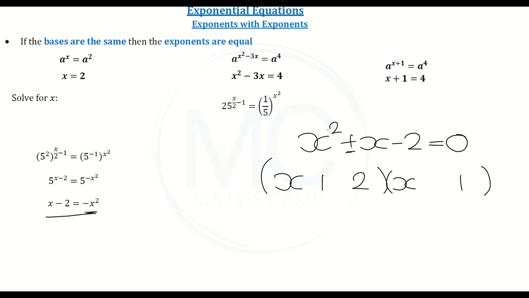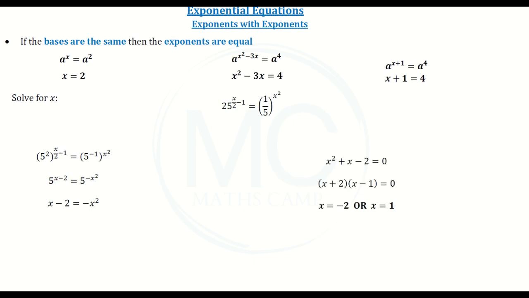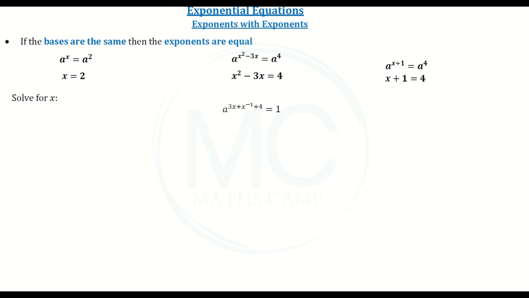So we can say x plus 2 times x minus 1 is equal to 0. Now we can solve for x. If x plus 2 is equal to 0, x will be equal to negative 2. Or if x minus 1 is equal to 0, then x is equal to 1. Let's do one last example.